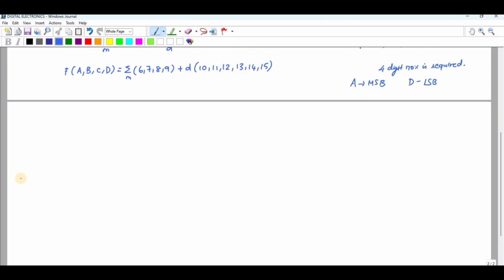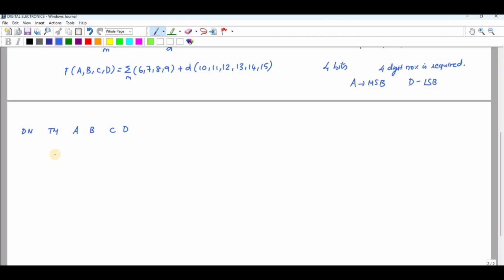So after finding the number of bits, we require 4 bits. Let me write it as ABCD here, with a column for the tick mark, and this is your decimal number.